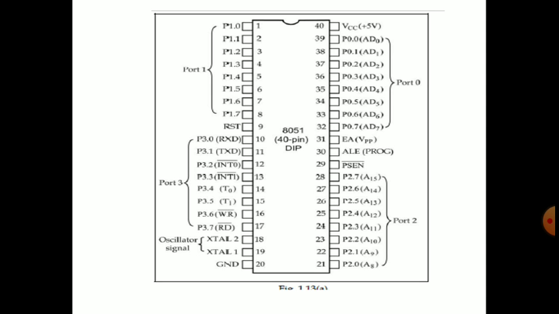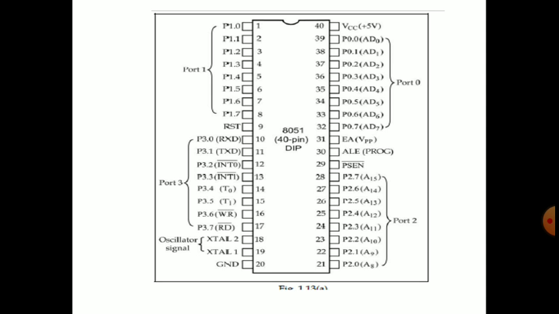In this diagram, pins 21 to 28 are connected to port 2 pins P2.0 to P2.7. In the brackets we have A8 to A15, that is, the external higher byte address is connected to these pins.